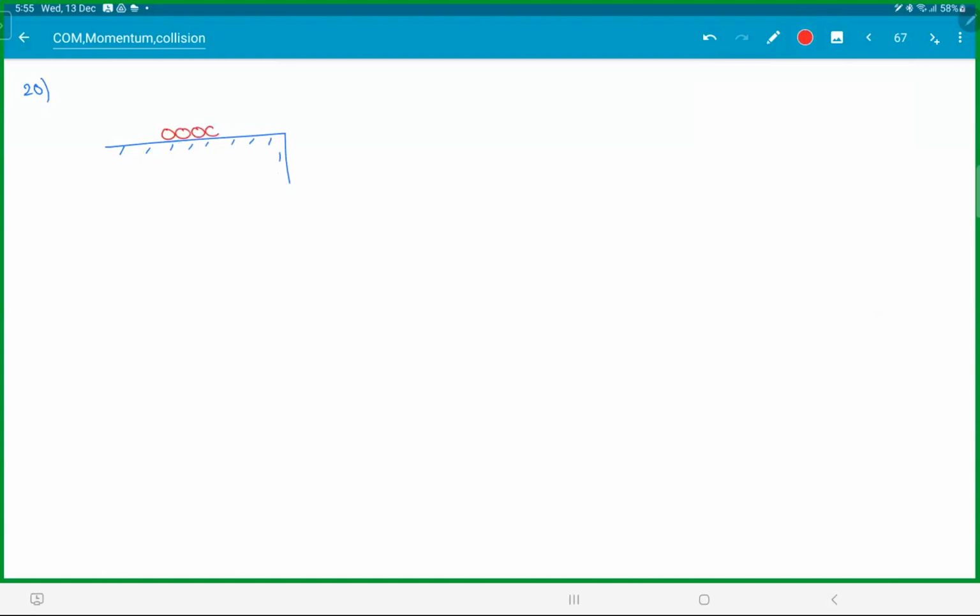We have a chain here hanging on a table. Chain of mass m, length L. And here basically one nth, that is L by n part of the chain is hanging. Find the work done to put the hanging chain back on the table.